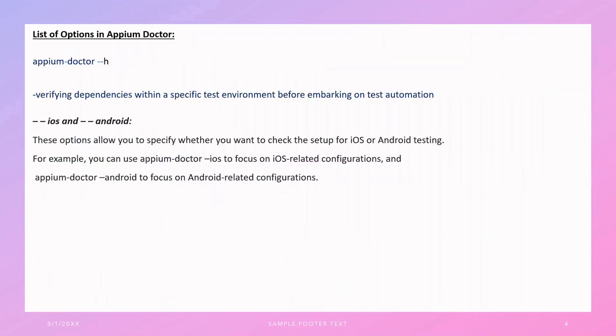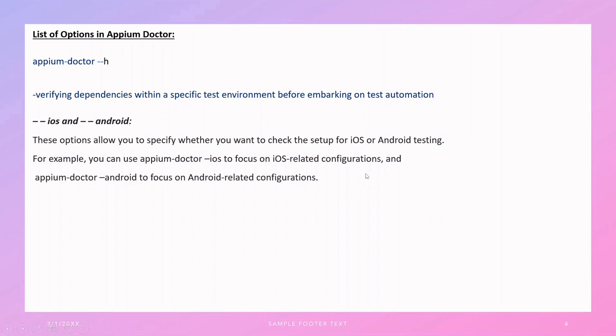That is, Appium Doctor will verify the dependencies of a specific test environment before embarking on test automation. That is, if I use iOS and Android, I can check the setup for iOS and Android.